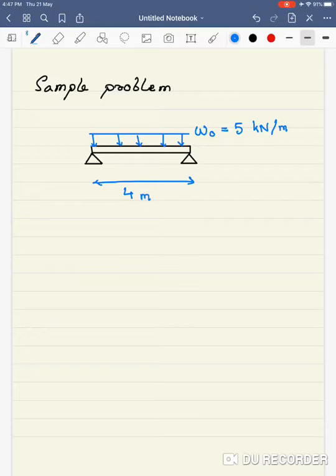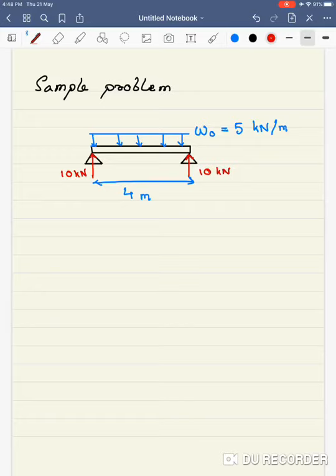It's very easy to work out the reaction forces. In a classroom setting or exam, it will not be given, but you can simply calculate it here. This is rather straightforward. The reaction forces will be 10 kilonewtons each. Okay, it's a very simple symmetric situation.